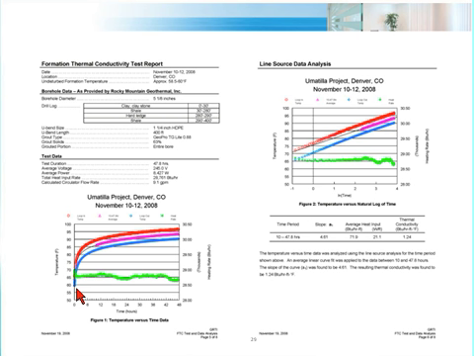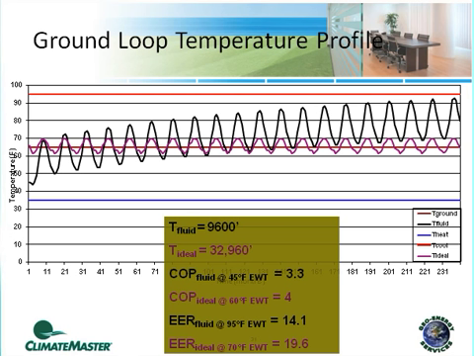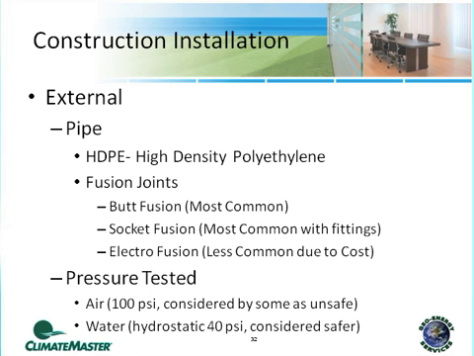So when we first start up the test, we do get the ground temperature on the initial data. In this case, it's about 60 degrees, and then the ground thermal conductivity back over here, the slope of that line, is calculated right here, which is a little difficult to see, but it's about a 1.24 for this particular project.